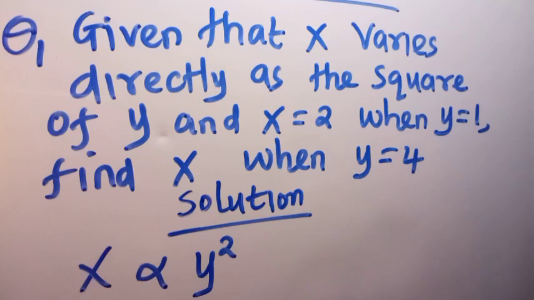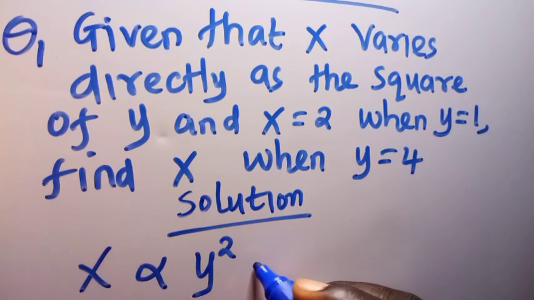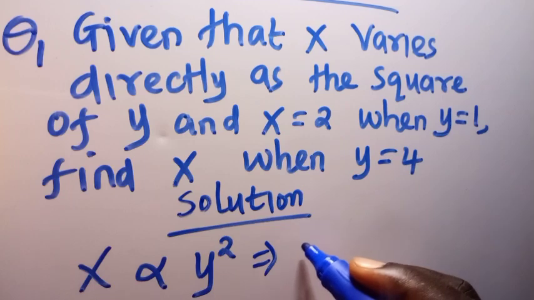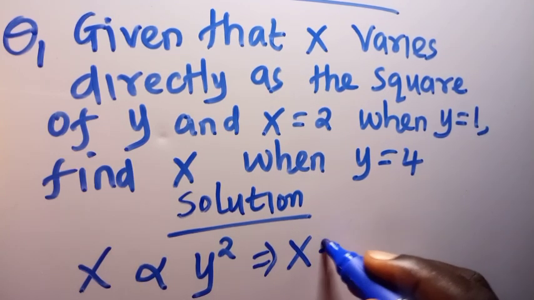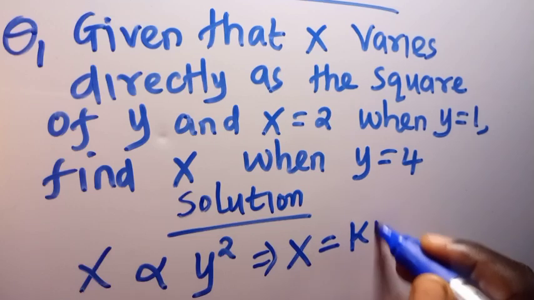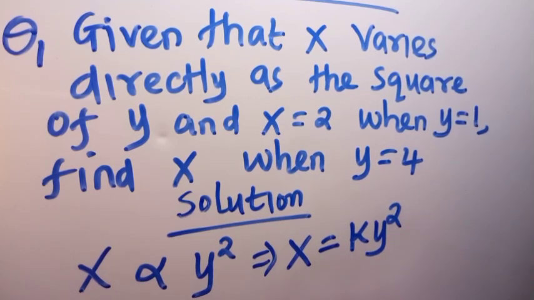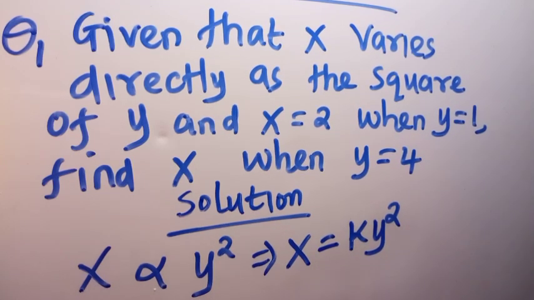At this point, we can say that when we introduce an equal sign instead of the sign of proportionality, we shall have x equals ky squared. Now, x is a variable, y is a variable, but k is a constant which we need to find.